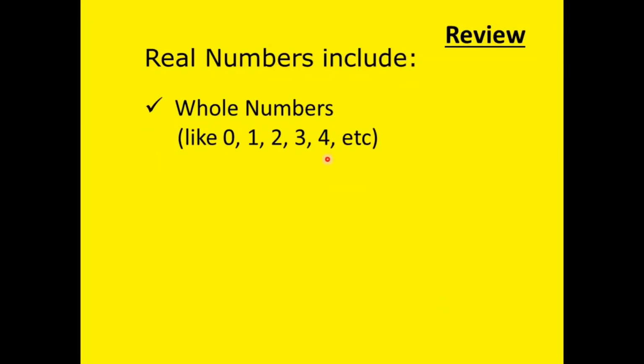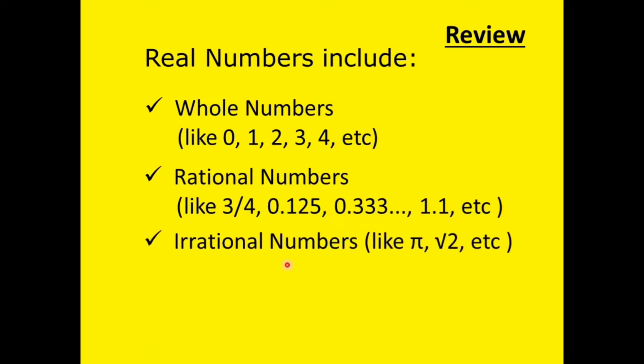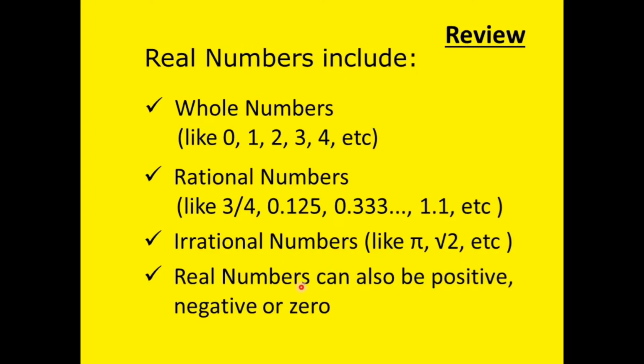Real numbers include whole numbers like 0, 1, 2, 3, 4, etc. Then we have rational numbers like 3/4, 0.125, 0.333, and so on, 1.1, etc. We have irrational numbers like pi, square root of 2, etc. Real numbers can also be positive, negative, or 0.